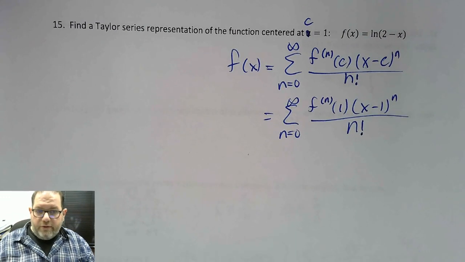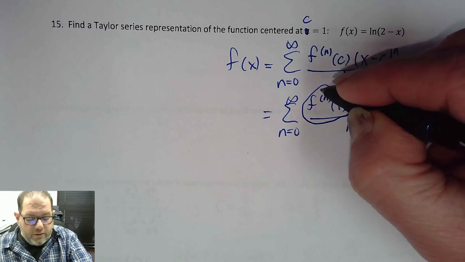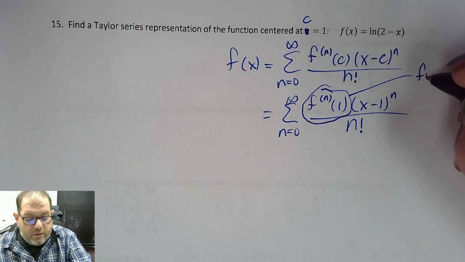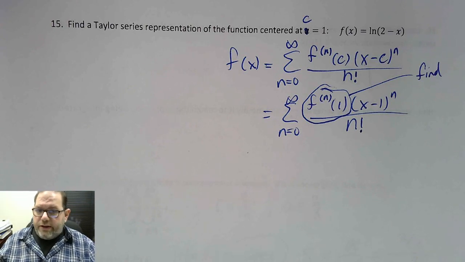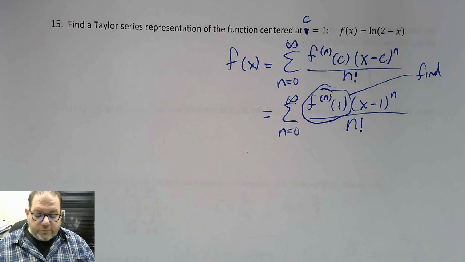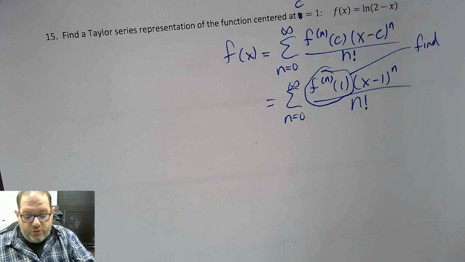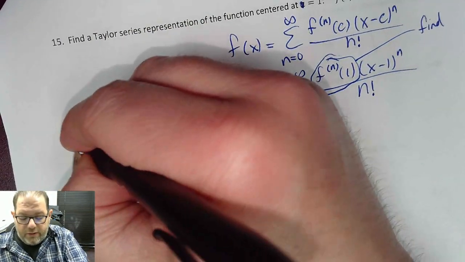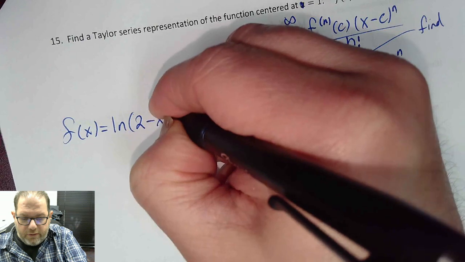Now, having set up that, the only thing we really need to find now is the formula for the nth derivative of this function, and then we'll plug in 1 and see what that gives us. So let's look at our function. We have f of x equals natural log of 2 minus x.